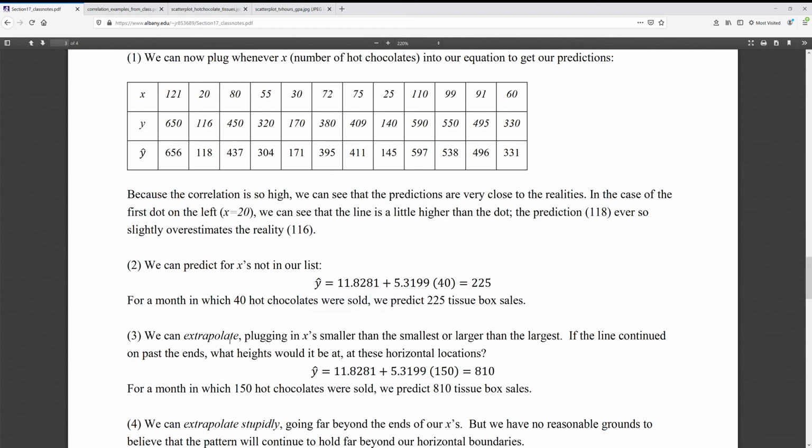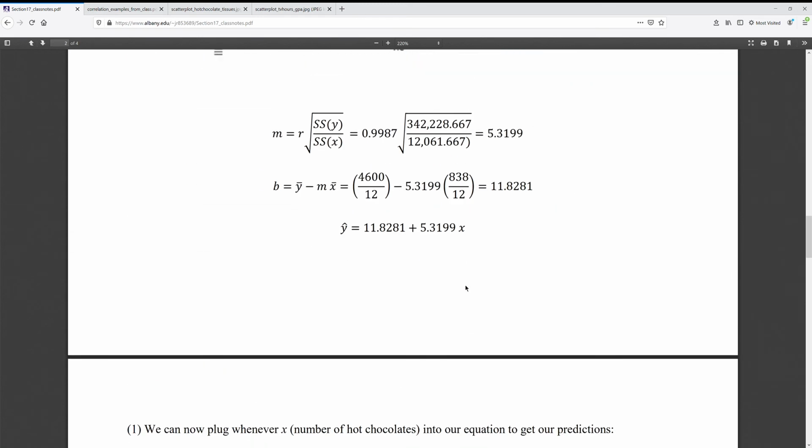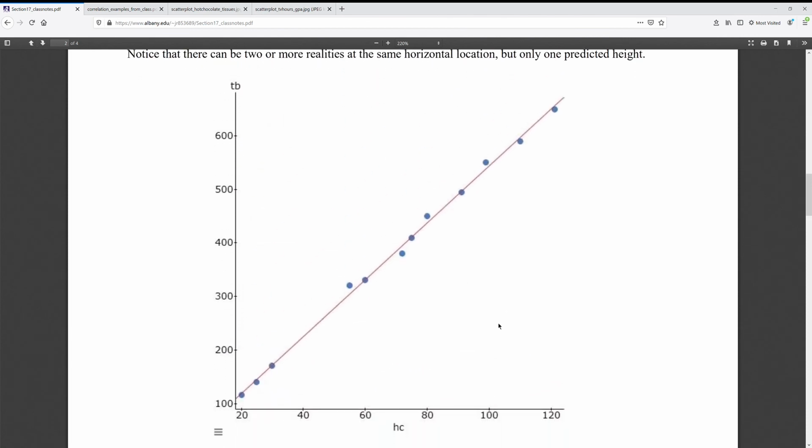We can extrapolate. Extrapolate is to go beyond the ends of the data. You always want to be a little careful about this, but you can extrapolate. If you had a month in which you sold 150 hot chocolates, how many tissue boxes would you predict? Well, visually speaking, it would look something like this. If we go over here to 150 territory, we talked about this a little bit with the gorillas of the King Kong.